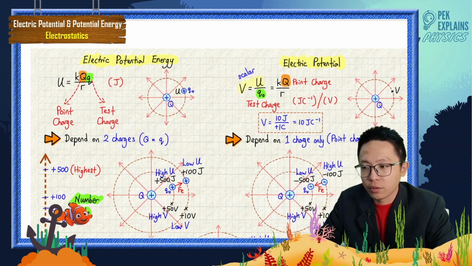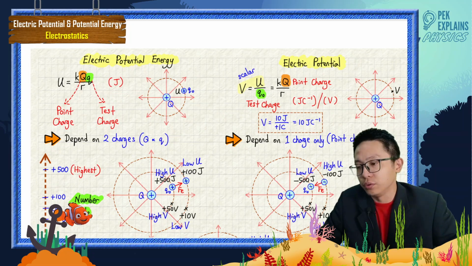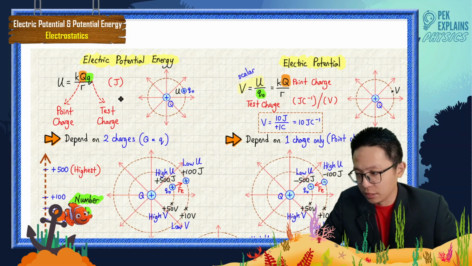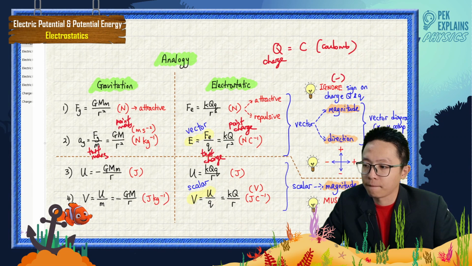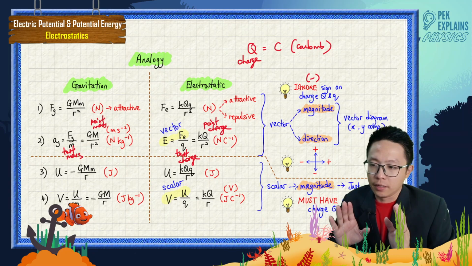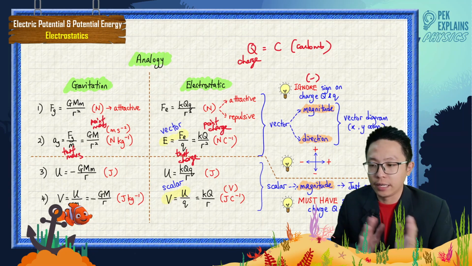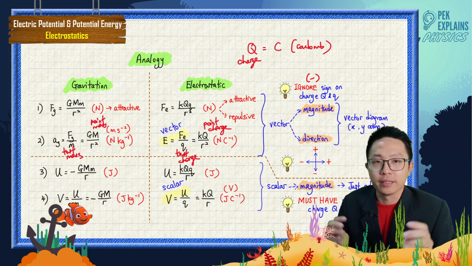Okay, first of all, before we go into electric potential and potential energy, I want you to recall what you have learned in gravitation. Let us use this analogy, because gravitation and electrostatics, what you have learned, are similar.